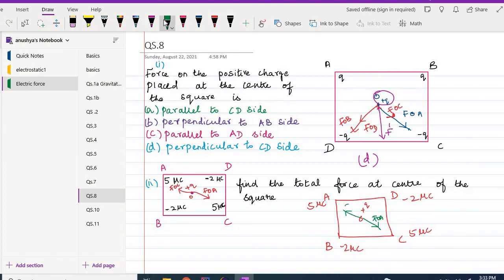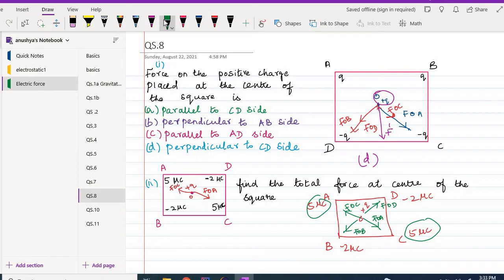So it will be F O C. Both are 5, so the magnitudes are the same but in opposite directions. Similarly, B is minus 2 and this is plus Q, so the plus charge is attracted. Similarly for D, minus 2 and plus, so the plus charge will be attracted. This is your F O D. The attractive force is also equal but in opposite direction.